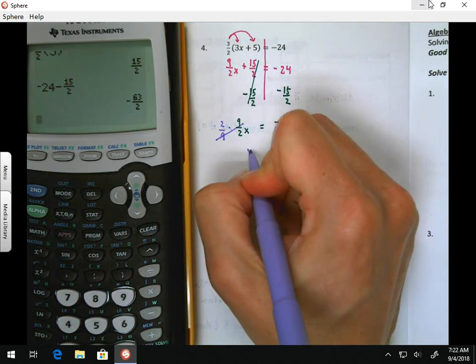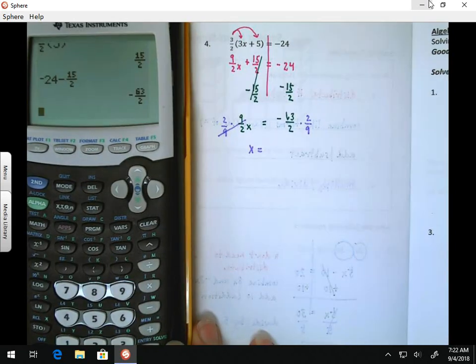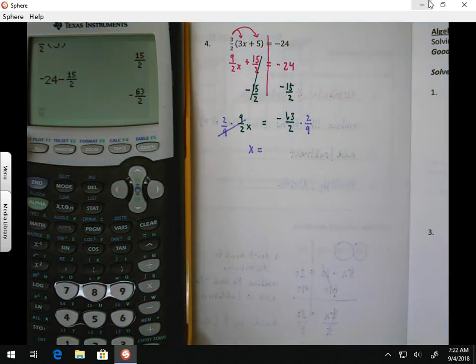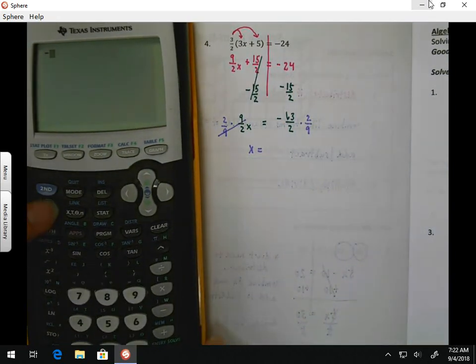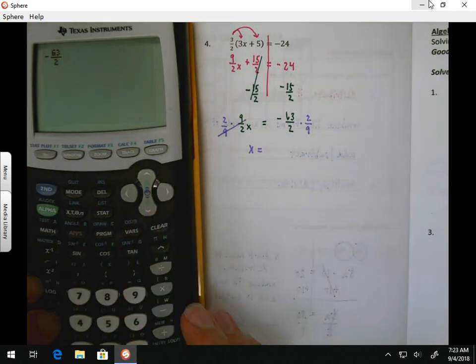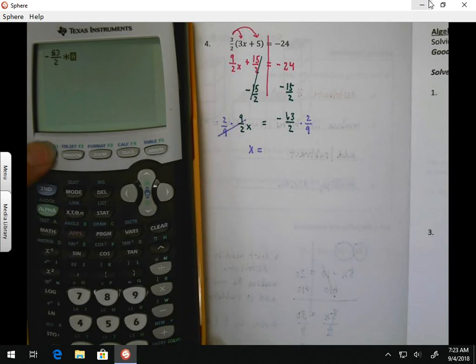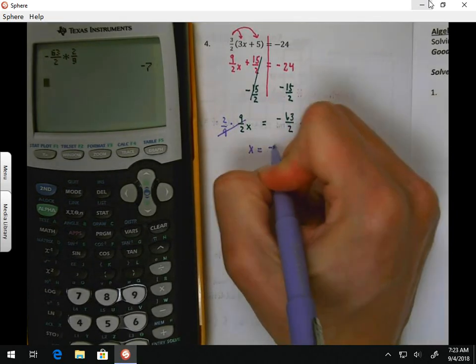So I get x is equal to, and now I'm just going to, again, use my calculator. Let's see, I've got a negative, so I put that in first. Then alpha y equals, I've got 63/2, and I'm going to multiply that, again, my alpha y equals, times 2/9. And that gives me a negative 7.